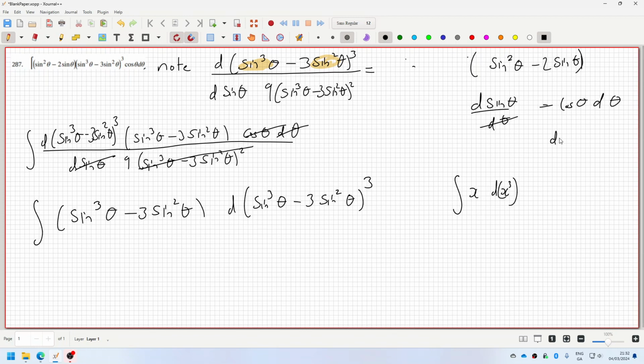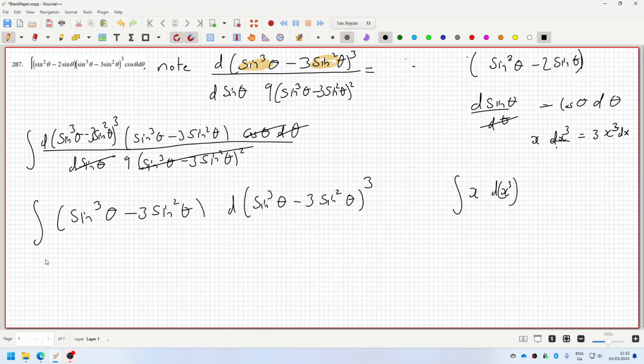And just remember, dx cubed dx equals 3x squared. So that means dx cubed is 3x squared dx. So then that would mean x dx cubed would be 3x cubed dx.